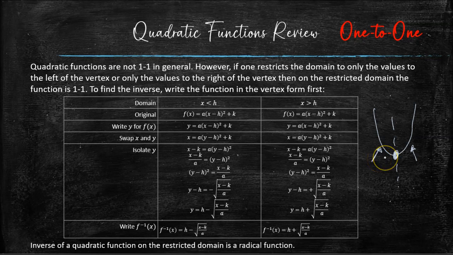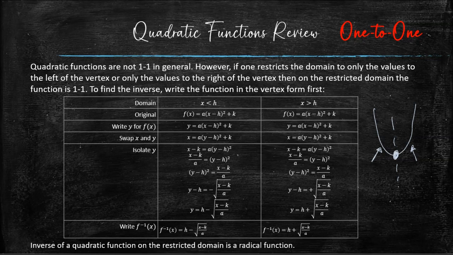So each branch is one-to-one, and for each of these branches, you should be able to find the inverse function by following this standard procedure in which you start with the original function, then swap x and y, and then isolate your y, and at the end you end up with what we call the inverse function. So again, each of these branches has its own inverse function, which is a radical function, which we will discuss later.